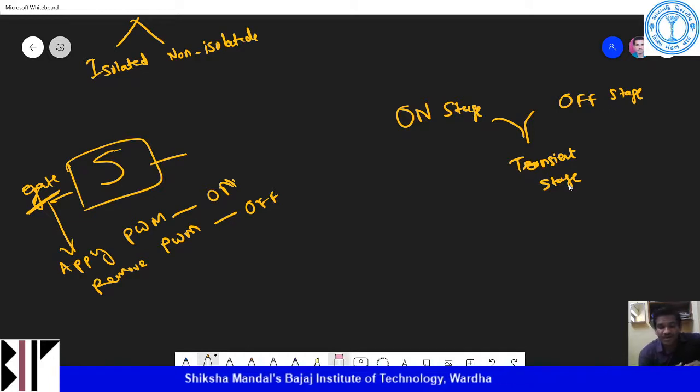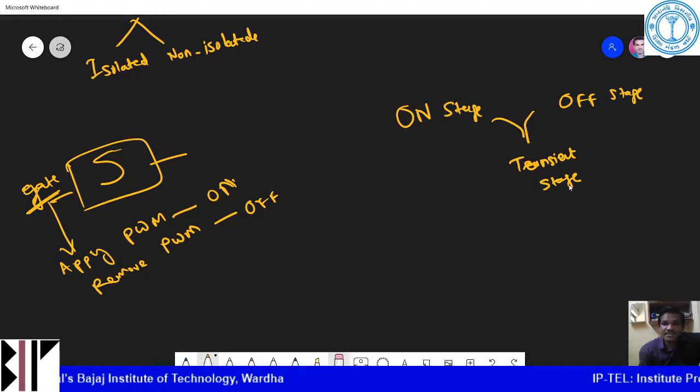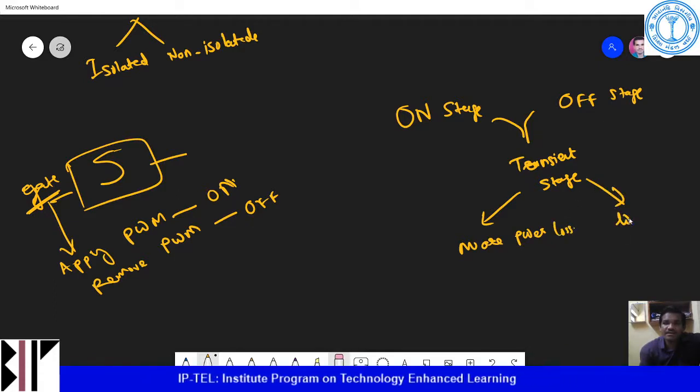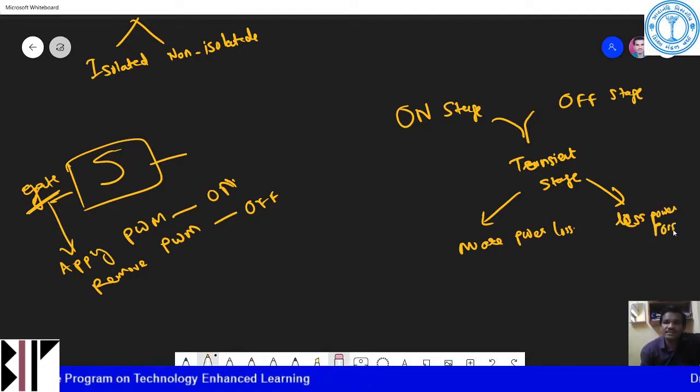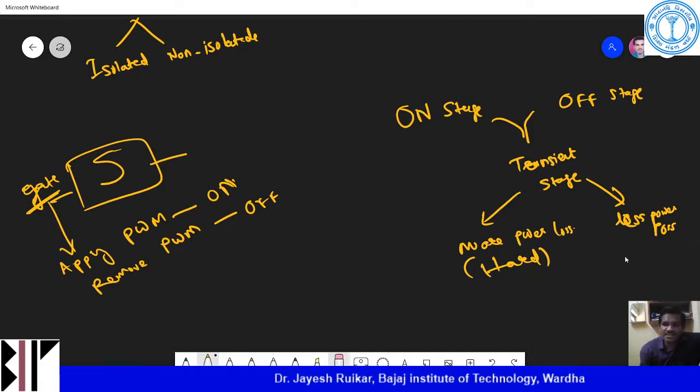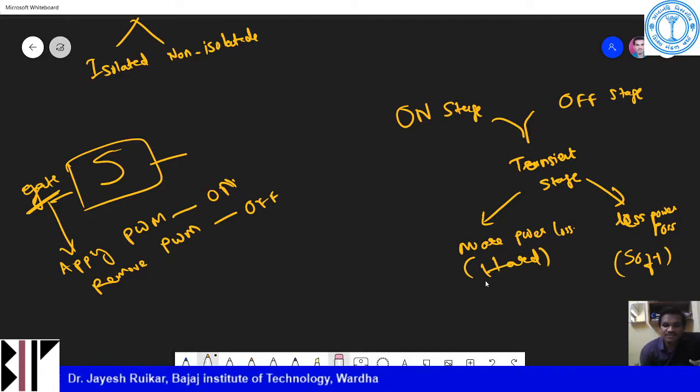In the transient state there may be more power loss, or it may have less power loss. Whenever more power loss is there, that is my hard switching. If less power loss is there, that is my soft switching. Hard switching and soft switching.